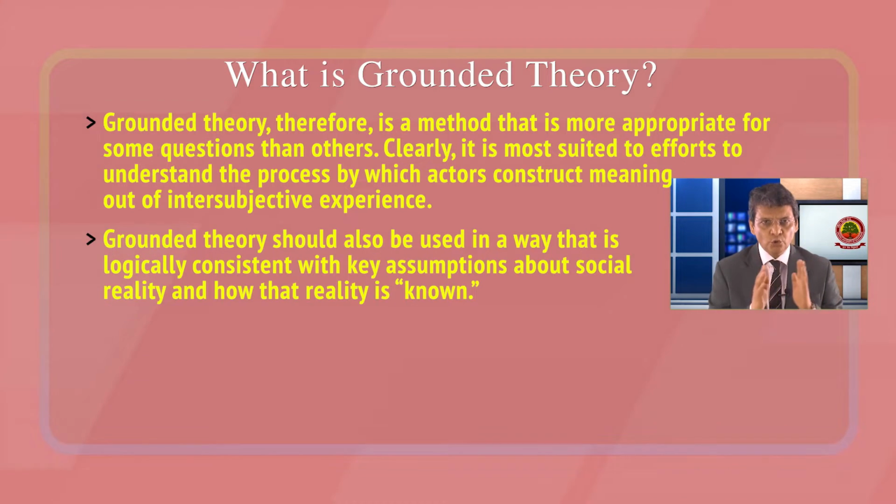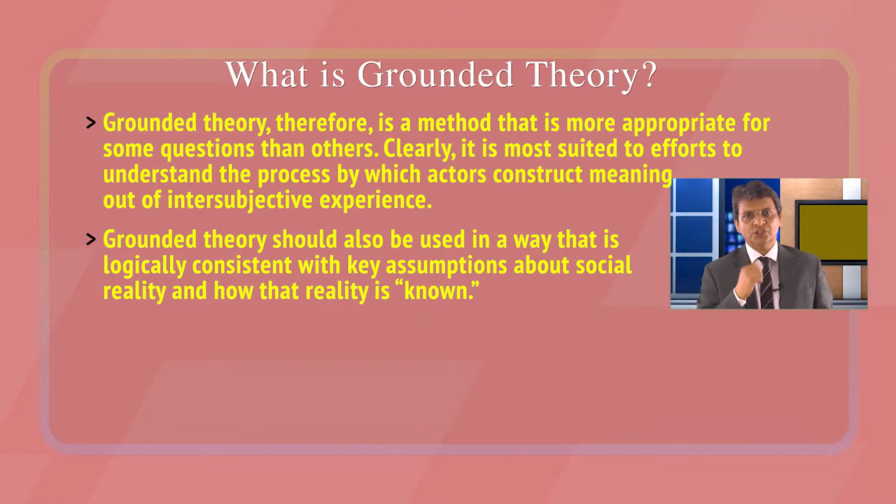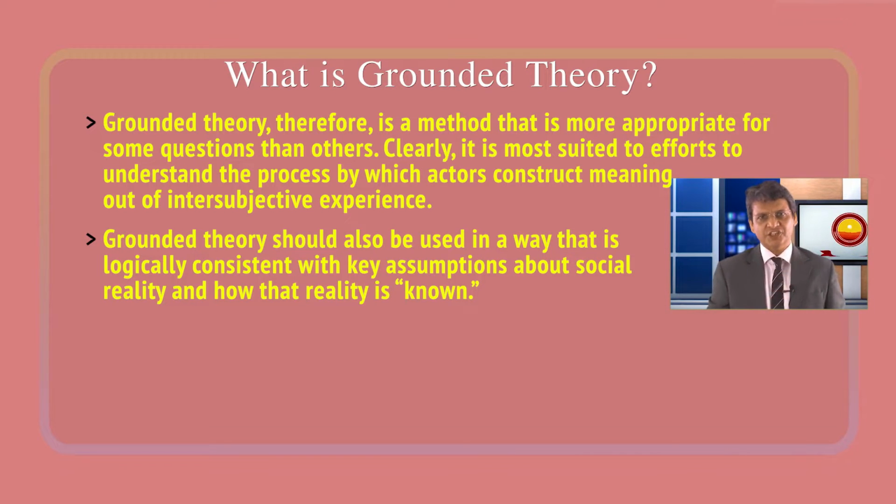Grounded theory should also be used in a way that is logically consistent with key assumptions about social reality and how that reality is known. It is less appropriate, for example, to use grounded theory when you seek to make knowledge claims about an objective reality, and more appropriate when you want to make knowledge claims about how individuals interpret reality.